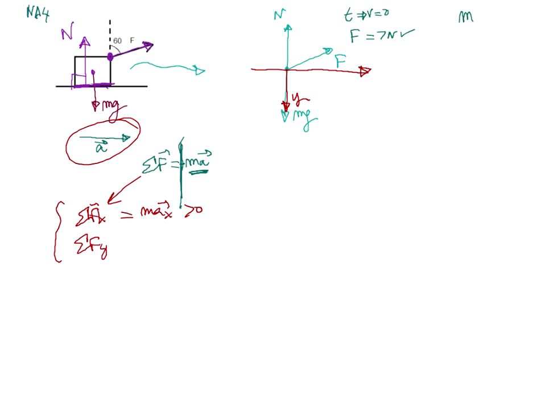And sum of the forces in the y is equal to may. And what is may in this particular case? Due to my choice of the coordinate system, what is the y component of this vector along this coordinate system? Back to vector. Excellent. 0. Ding. One of the right-hand side will be 0.